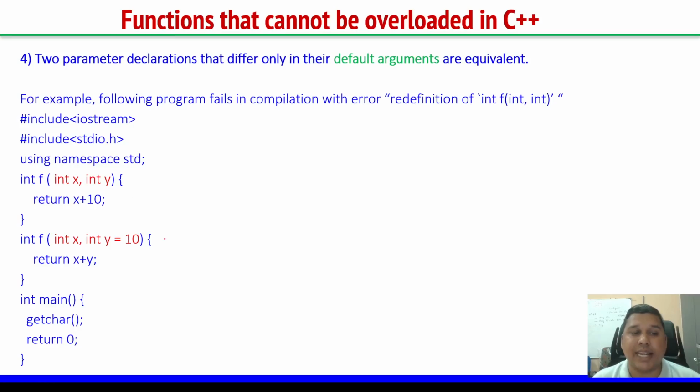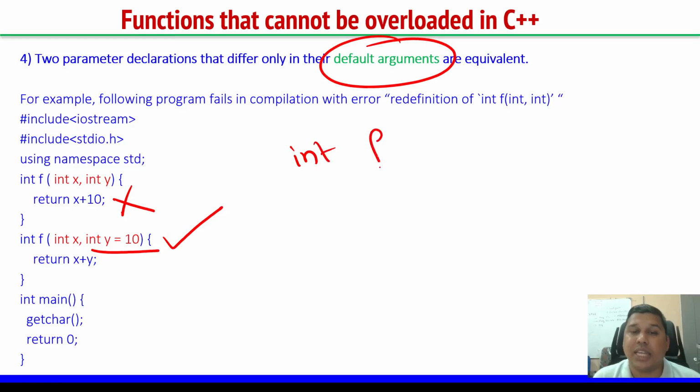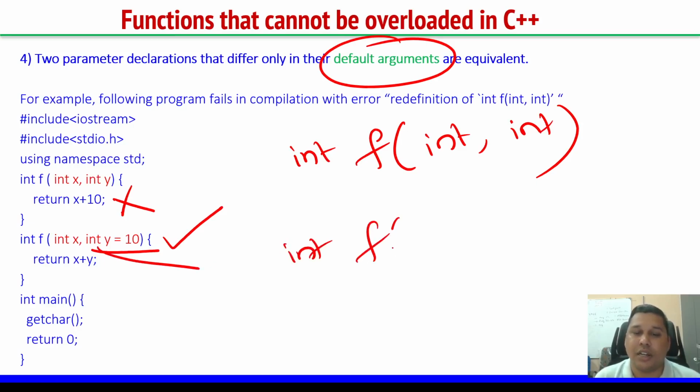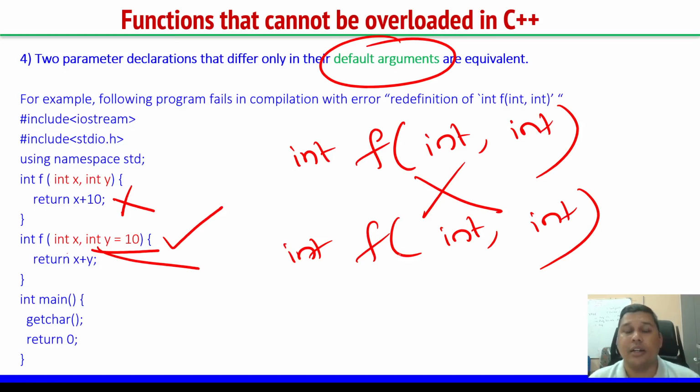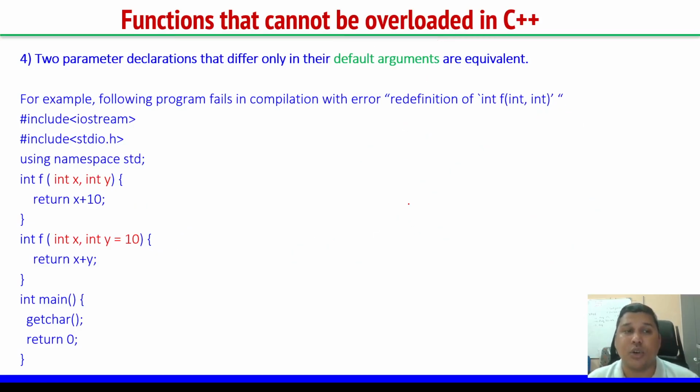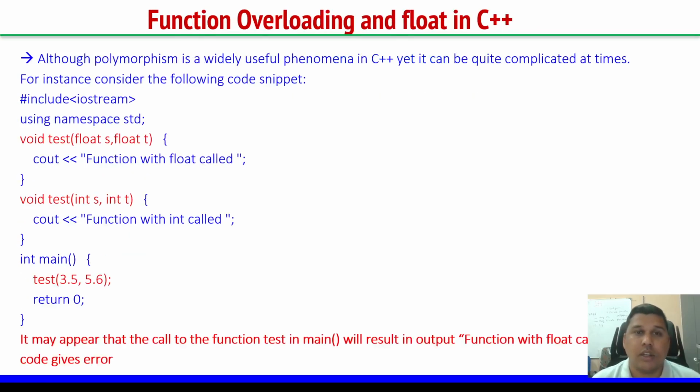Though it seems like the concept of default arguments is used here, it cannot be considered, because the first function is int f with int comma int, and the second function is also int f with int comma int. So this cannot be considered function overloading.